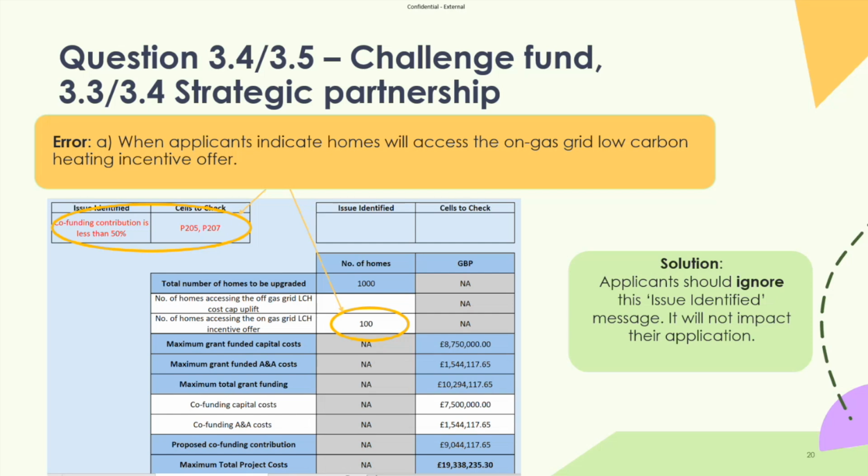By putting those 100 homes in there, we have changed the maximum grant funded capital costs, which has then moved the co-funding out of sync, and it moves it out to the 50%. So check through this, make sure you're putting the right number of homes into your previous tables, and as you put these extra homes in, it might then create an issue identification. In this situation, we ignore this message.